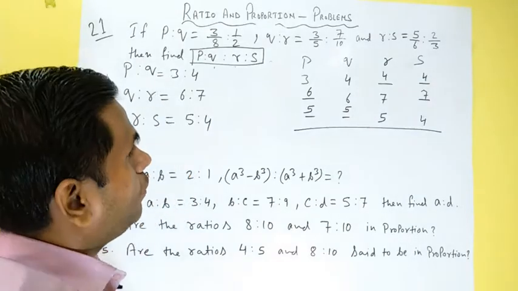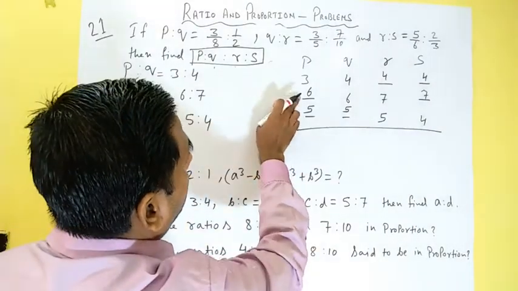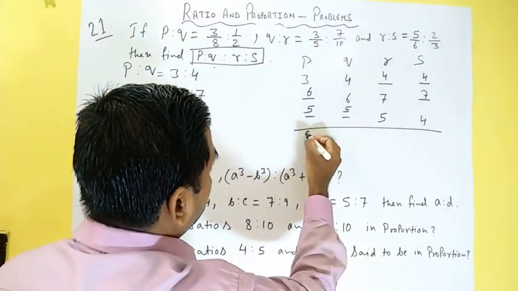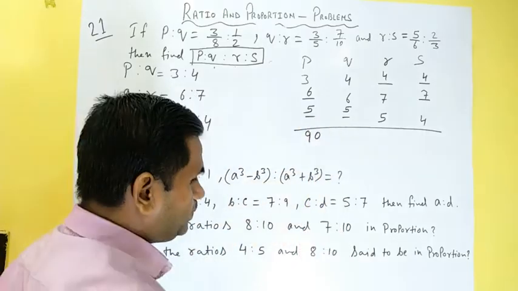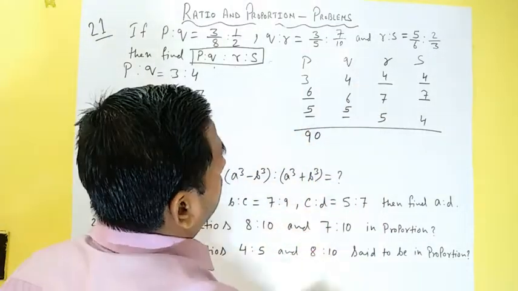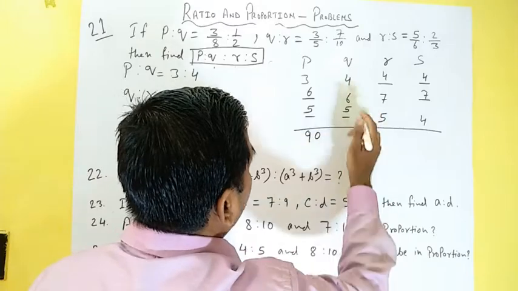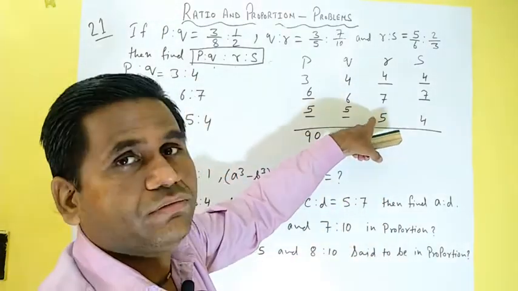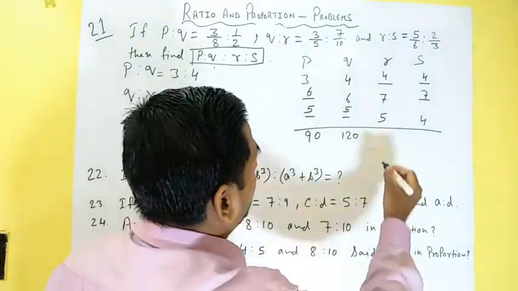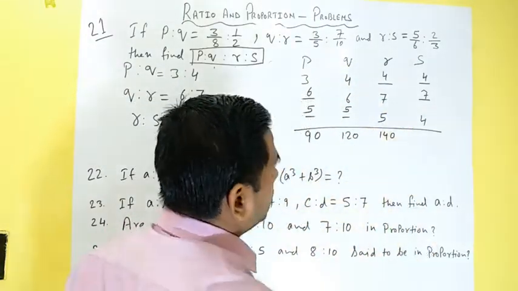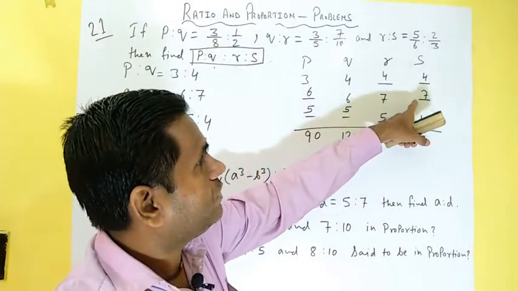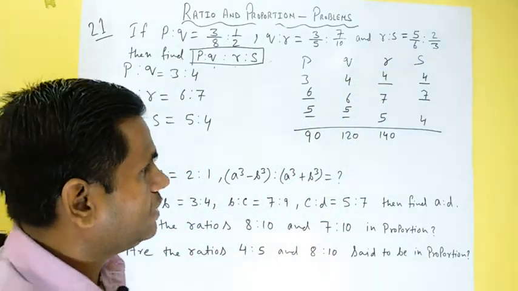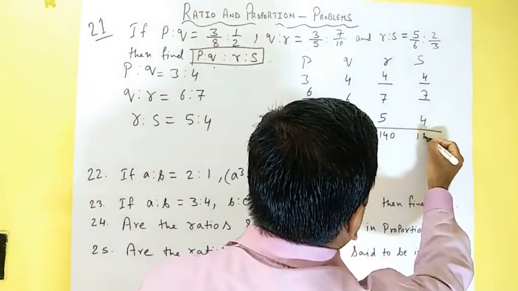Okay, so when we multiply, 5 6s are 30, 30 3s are 90, then 5 6s are 30, 30 4s are 120, 5 7s are 35, 35 4s are 140, and 7 4s are 28, 28 4s are 112.